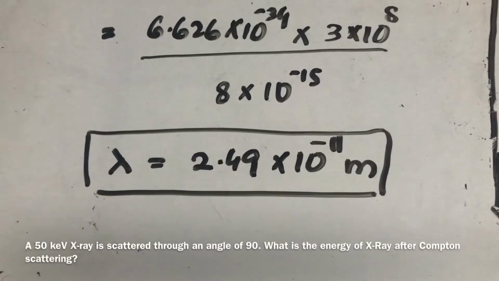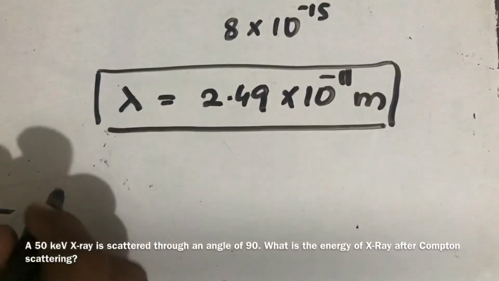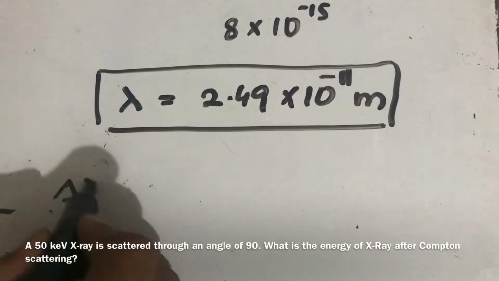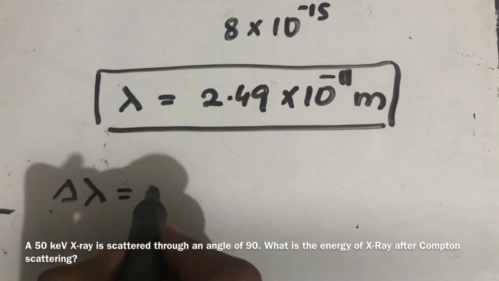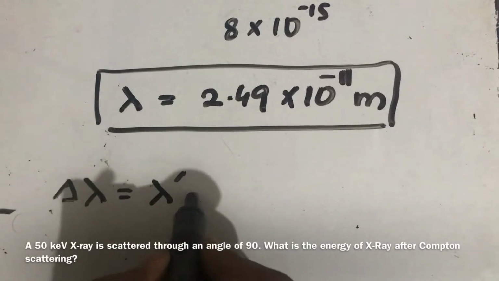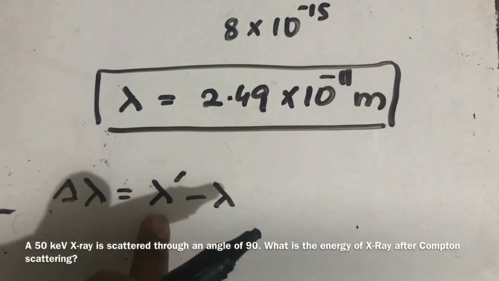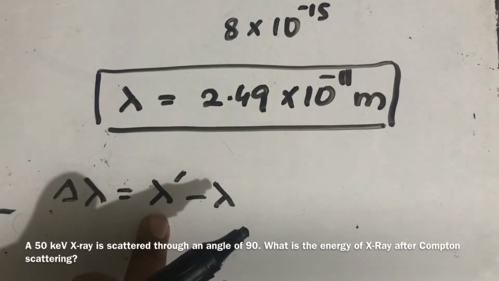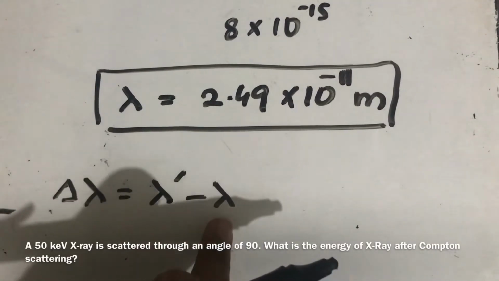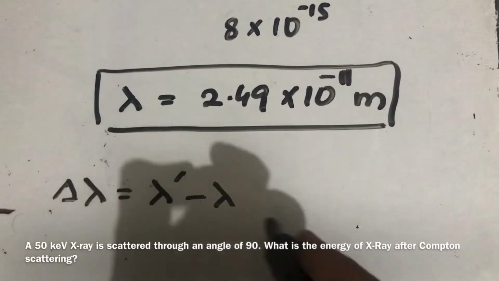Now from the equation of the Compton shift, the change in lambda is equal to lambda prime minus lambda. Lambda prime is the value of lambda after scattering, and lambda is the value before scattering.